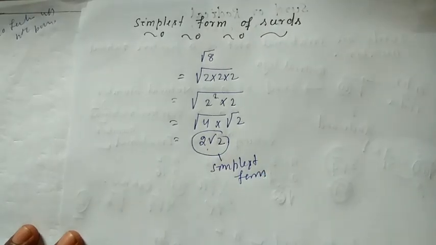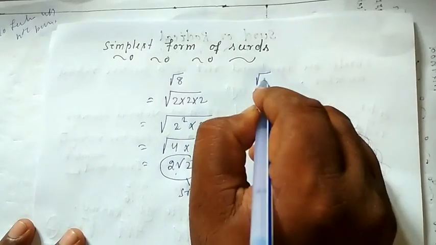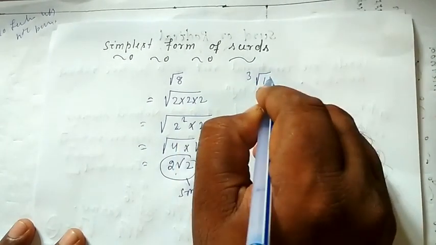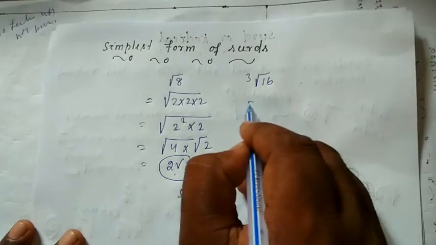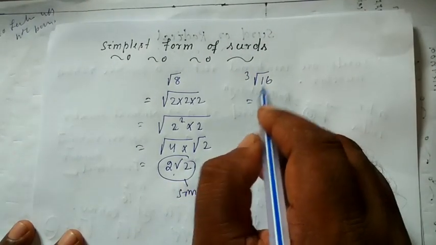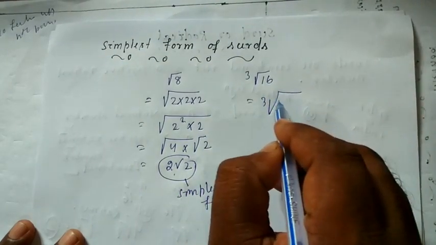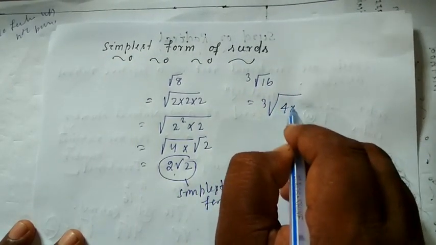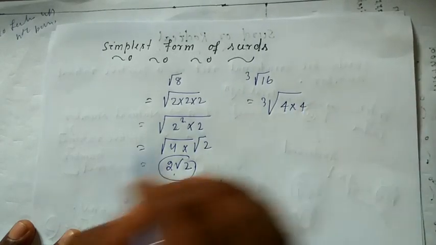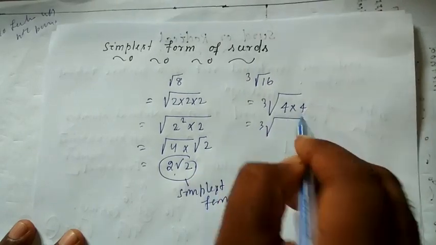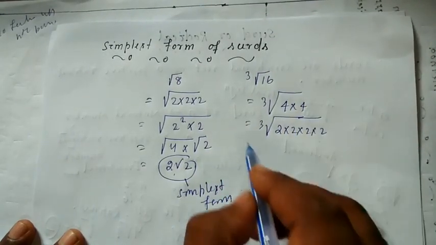I'll consider another example: square root of cube root of 16. Cube root of 16 you can reduce. 16 I can write as 2 into 2 into 2 into 2.